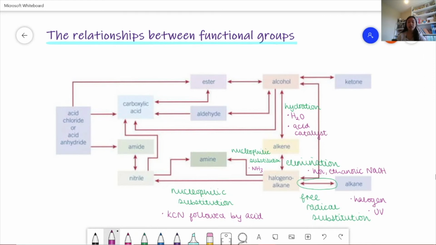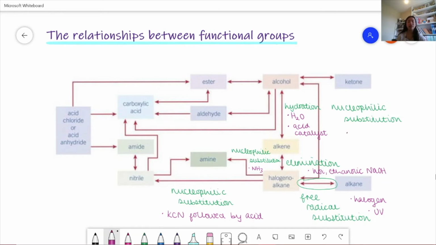And now we need to look at the haloalkane to an alcohol. So we missed that out before, but this is also a nucleophilic substitution reaction. But this time we're using an OH minus as the nucleophile. And so the reagent we need is something like sodium hydroxide.